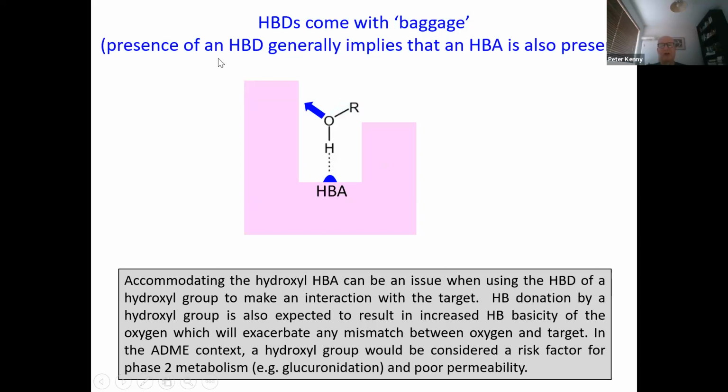And the other problem, of course, is that hydrogen bond acceptors are actually more polar than hydrogen bond donors. So if you were trying to present a hydrogen bond acceptor, even with an attached hydrogen bond donor, that would be less of a problem. So that's the last hydrogen bond donor-acceptor asymmetry: the presence of a hydrogen bond donor generally implies that you've got a hydrogen bond acceptor also present.